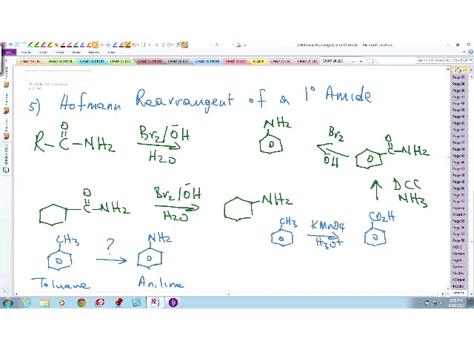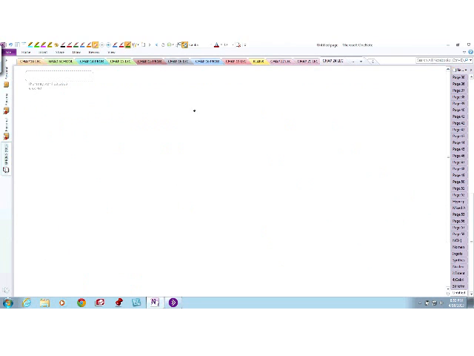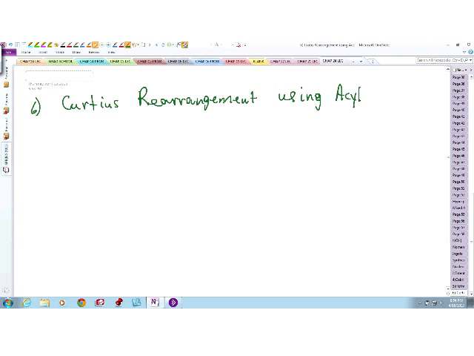We could also use a related method called, this would be 6, the Curtius rearrangement, using acyl azide.